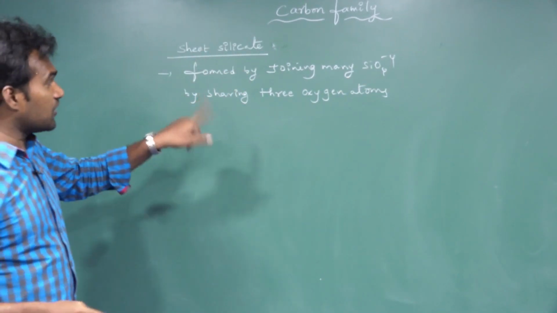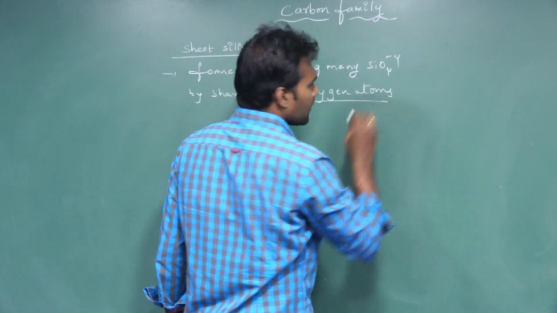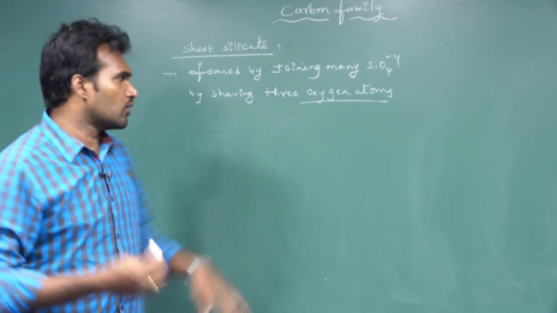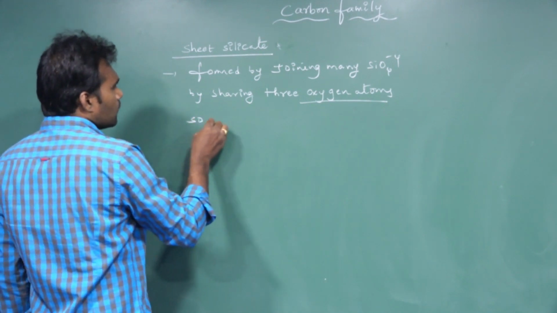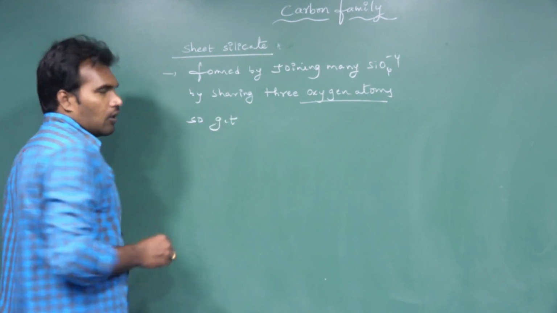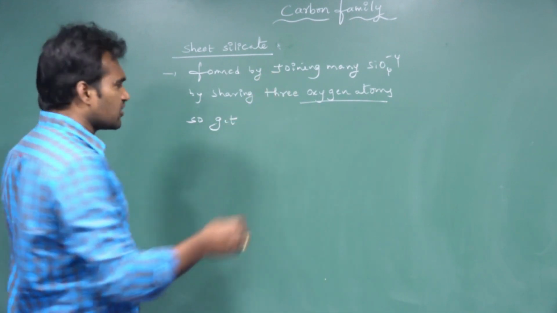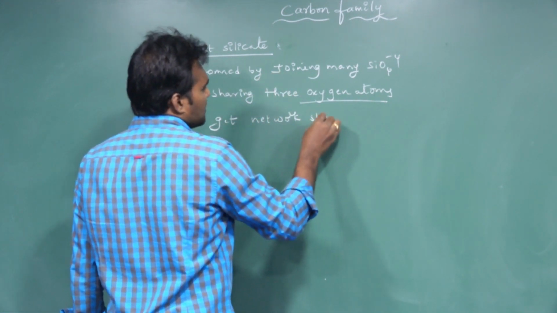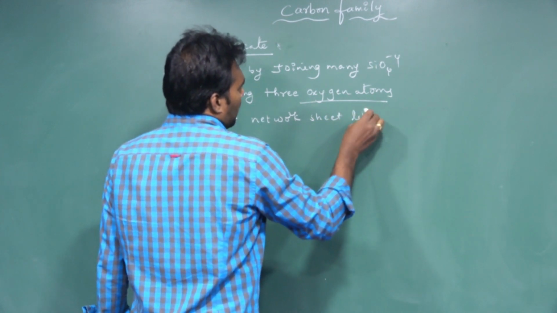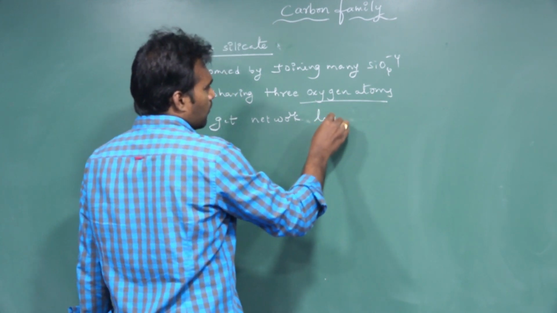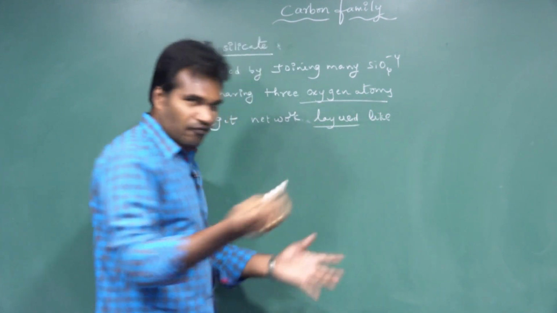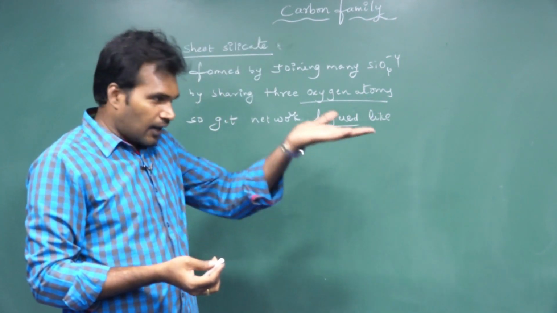Each tetrahedral unit is sharing how many oxygen atoms? 3 oxygen atoms are shared with other units, so that we get a network sheet-like or layered-like structure, like graphite, one layer, another layer.